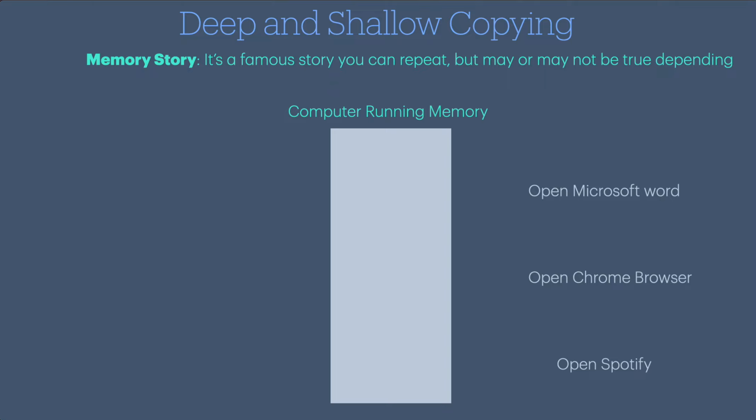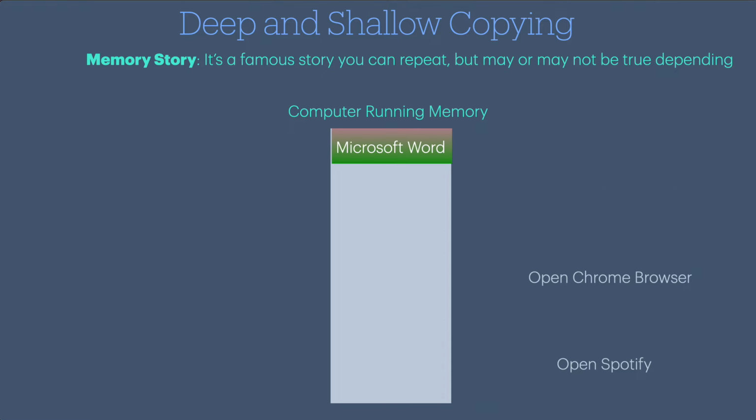All right, so let's say I have computer memory and I'm representing it as this stack. And basically the stack I'm referring to is just this white square in the middle of the slide. So the first thing I do is I open Microsoft Word, and Microsoft Word gets loaded into memory.